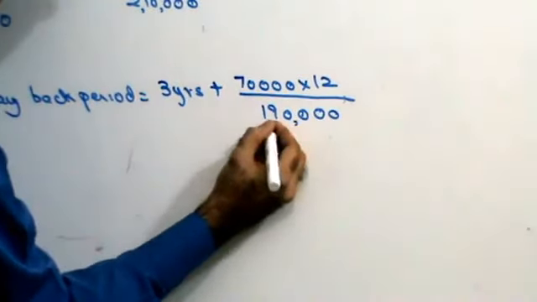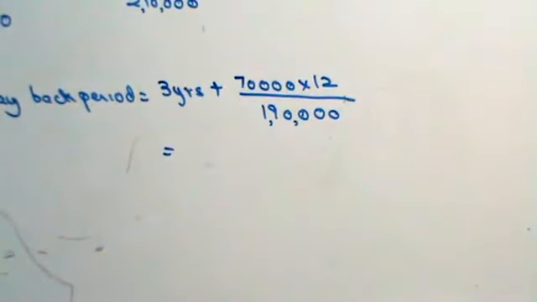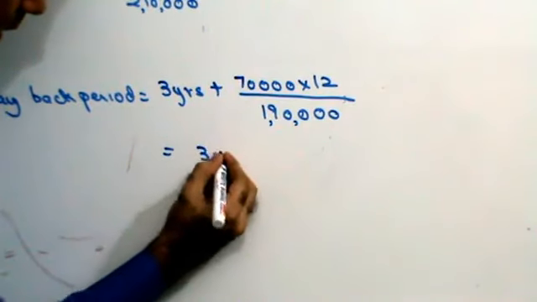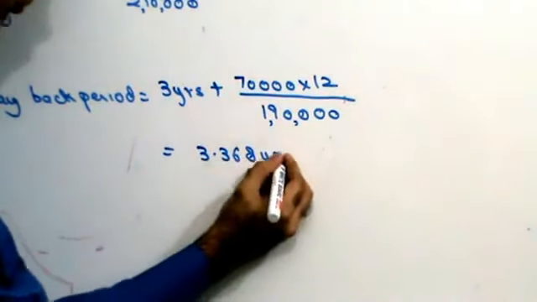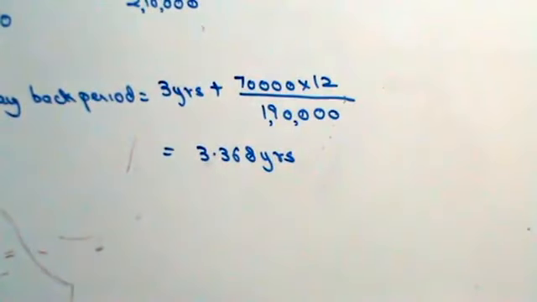That's 1,90,000. So when you do this, you will get your answer as 3.368 years. So your payback period is 3.368 years, right? Just check that calculation, people. Fine, right? 3.368 years.